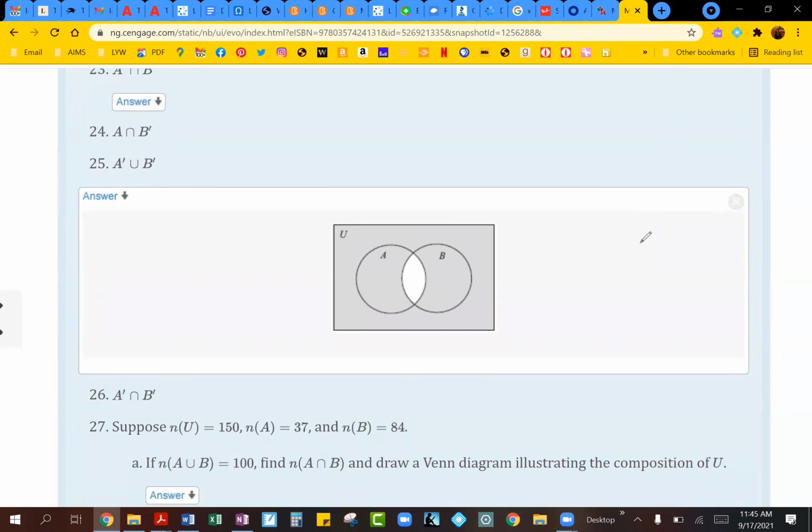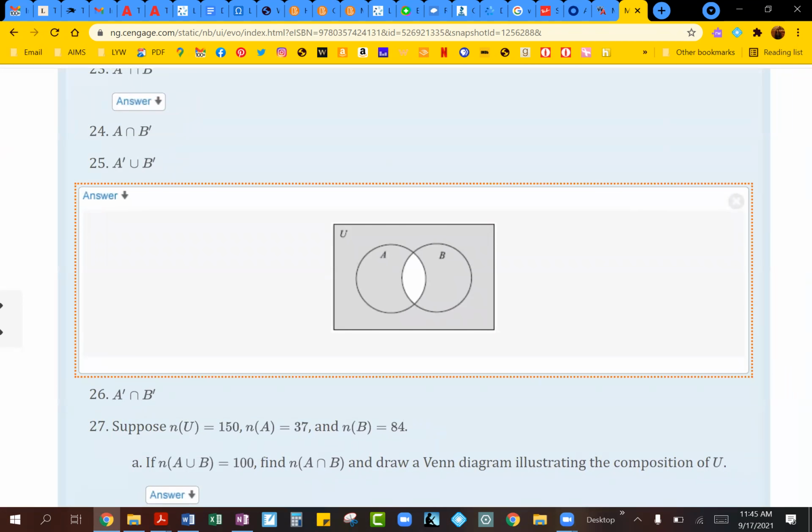So you can see how different this one is, because in our example, the shading was only going to be in the rectangle, but both the A and the B circles would have been blank, right? They would have been white, using this color scheme. But you can see when we talk about the union, that's because you can have anything in circle A, because remember, anything that's in circle A is a complement of the B set.